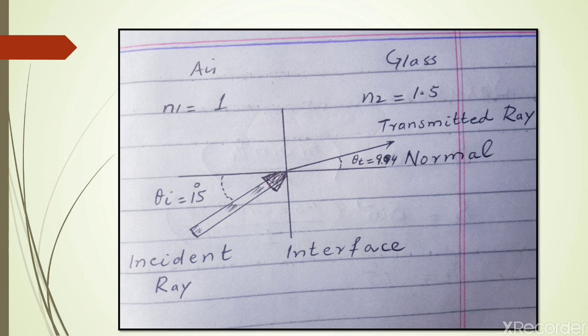The incident ray makes an angle of 15 degrees with respect to normal. As this ray travels from a medium of low refractive index to a medium of high refractive index, it bends towards the normal. So the angle of incidence is 15, while the angle of transmission is 9.94.